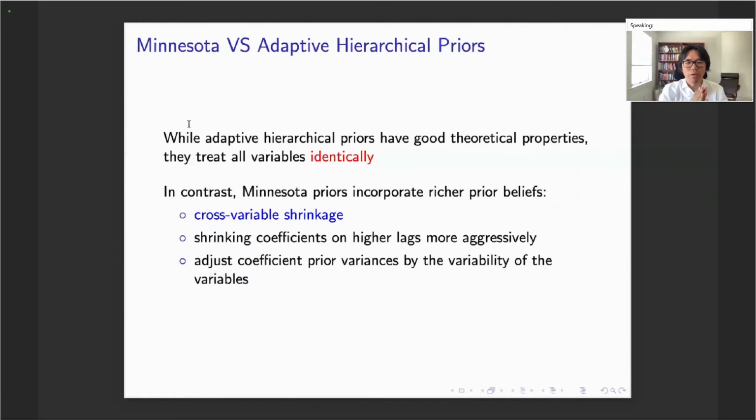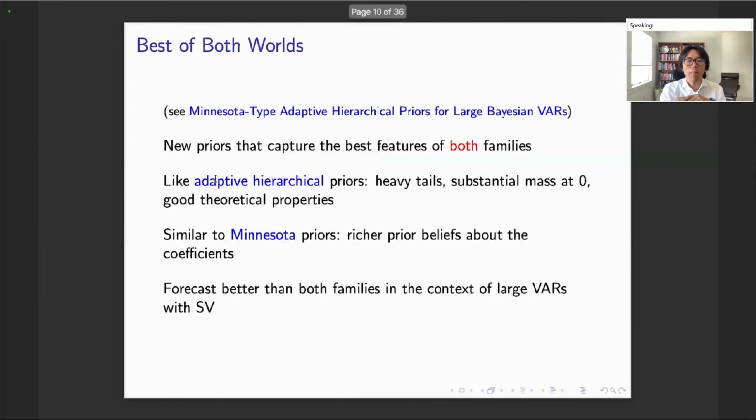In contrast, Minnesota priors incorporate a lot of rich prior beliefs. Some of the things I mentioned, right, you have cross-variable shrinkage. You also shrink some of the higher lags more aggressively. So you treat the coefficients non-identically. So that might help give better forecast performance. And actually, some of the results I have suggest this interpretation.